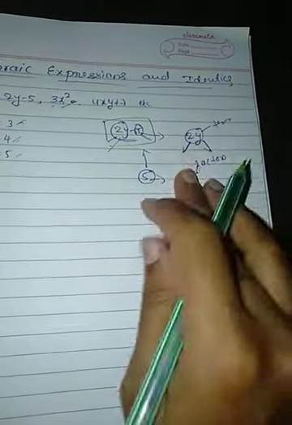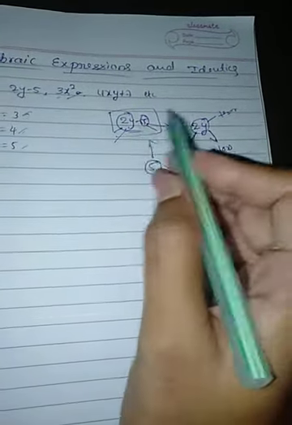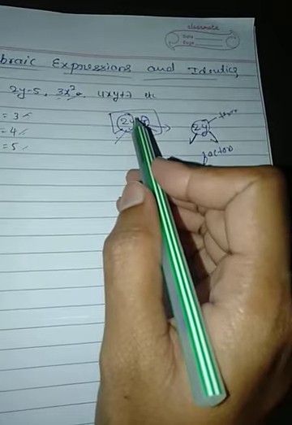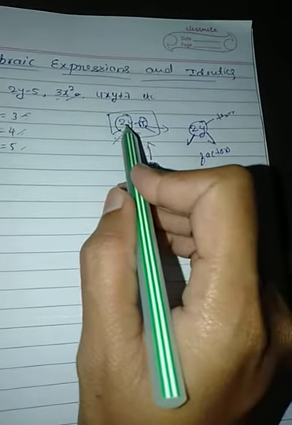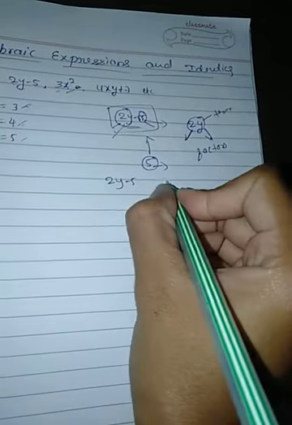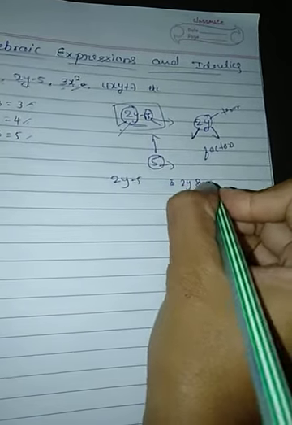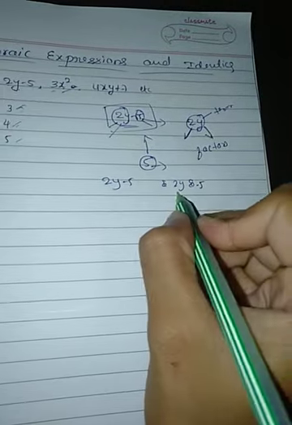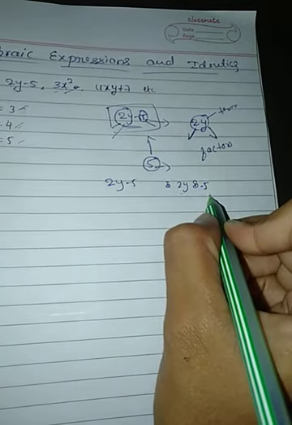And see this expression, which consists of two terms. One is 2y, another one is minus 5. So 2y is one term, minus 5 is another term.